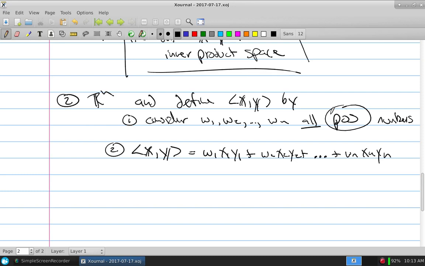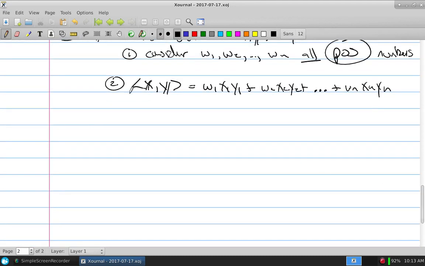Now, if I said it forms an inner product, what does that really mean? It means it meets those three conditions. Well, we could actually check. What's the first condition? It must be greater than or equal to 0.